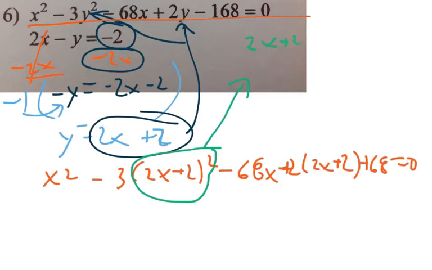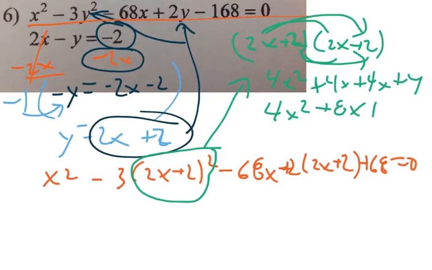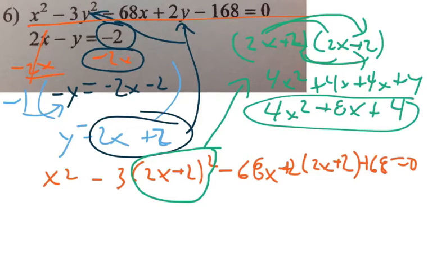So if I take 2x plus 2 times another 2x plus 2, well, I know 2x times 2x is 4x squared. 2x times 2 is 4x. 2 times 2x is another 4x, and 2 times 2 is 4. 4x squared plus 8x plus 4 is my result so far.